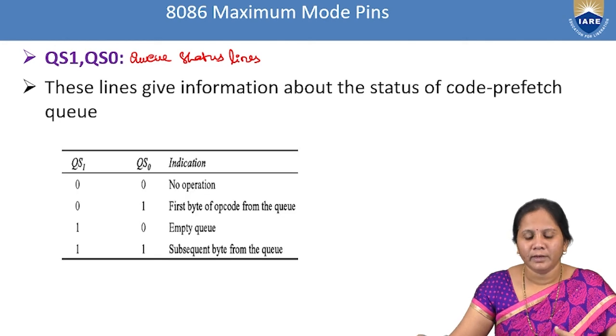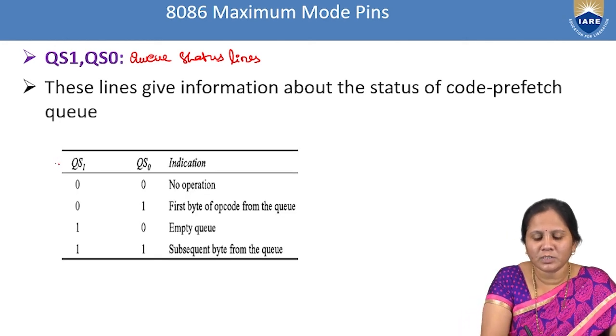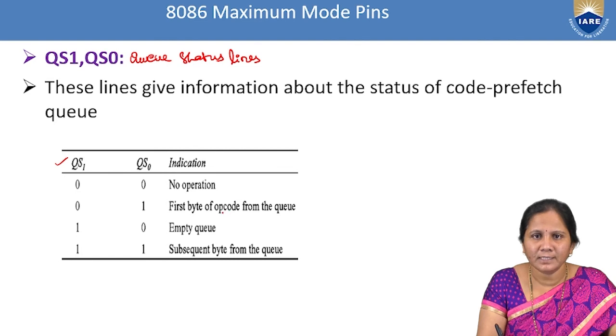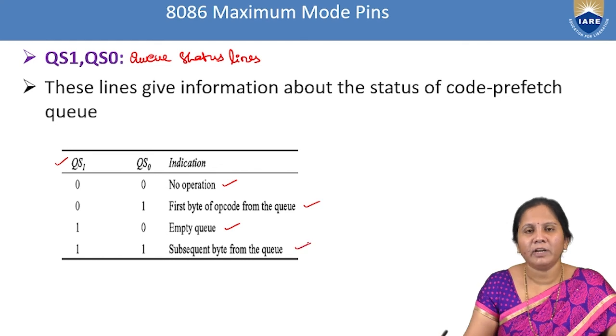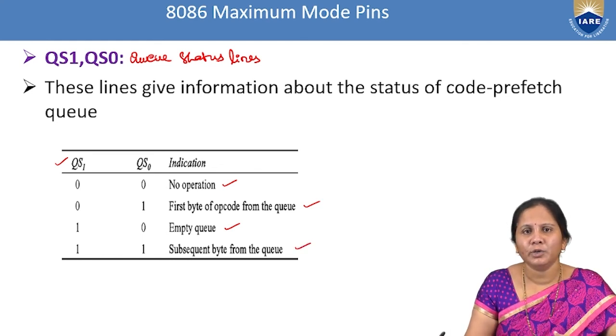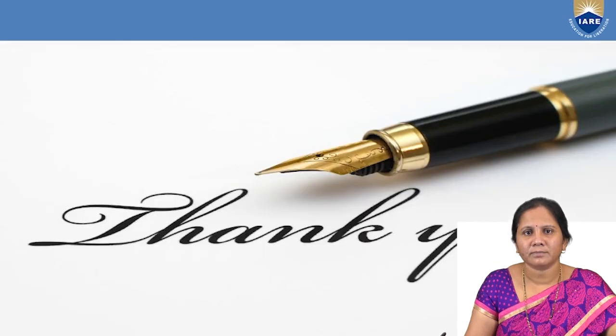Based on the QS0 and QS1 signals, the queue operation is decided. When these two signals are 00, no operation. When it is 01, first byte of opcode from the queue. If it is 10, the queue is empty. And if it is 11, subsequent byte from the queue. So these two signals represent the queue status.